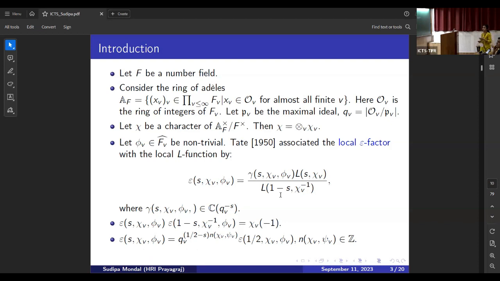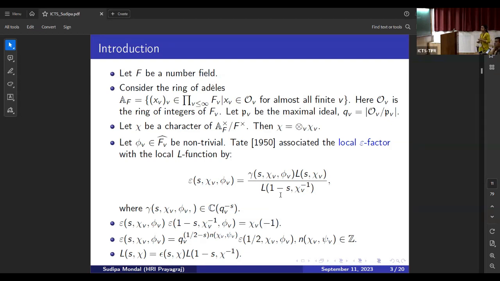Now, if I take the product over all places, then we get the global epsilon factor, and Tate proved that the global L functions of chi and chi inverse are related by this global epsilon factor. And from this, we can see that the global epsilon factor does not depend on the chosen additive character.